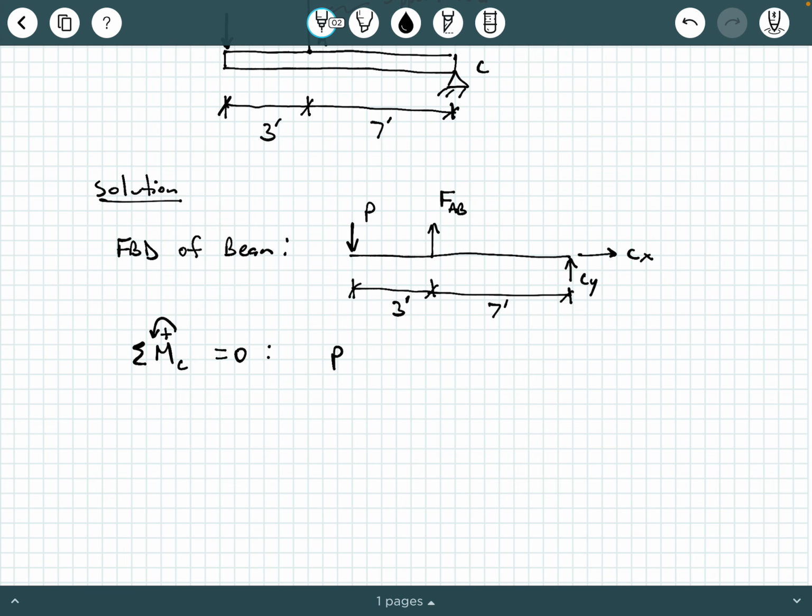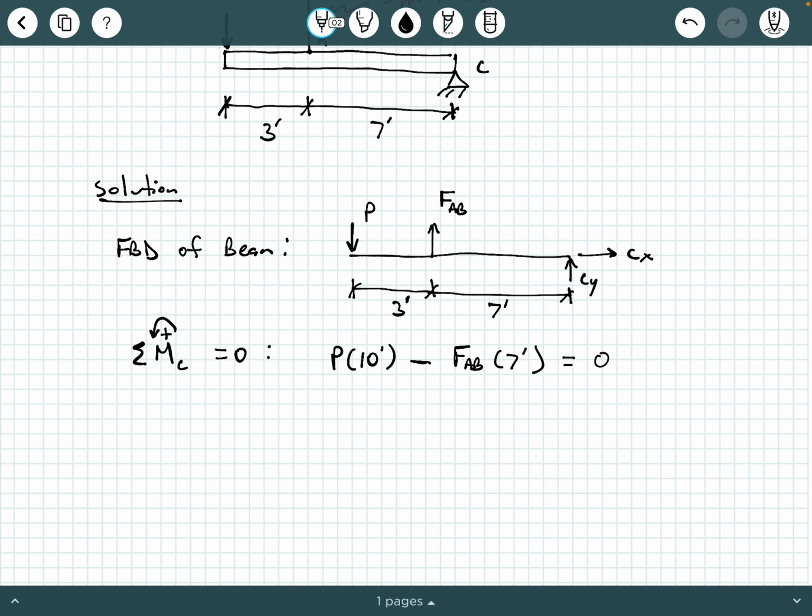We're going to have P times 10 feet because we have this force P that has a moment arm of 10 feet away from point C, and then we're going to have minus FAB times 7 feet, and then all that is just going to equal 0, all right?